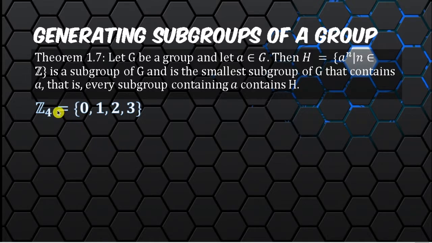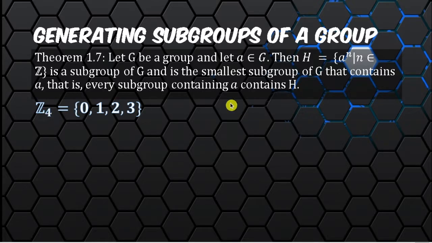This is addition modulo. This is the set. And of course, we know that the binary operation here, we do not normally provide it here because it's supposed to be the reason why we are using this notation. So this is a group. We should know that the operation here is addition modulo 4.